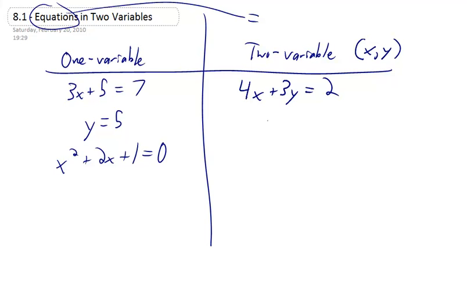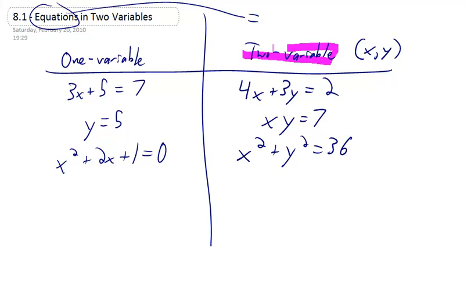They don't necessarily need to be linear. We could have x times y equals 7. We could have the equation of a circle, x squared plus y squared equals 36. You don't need to know what these equations are for, but what you do need to recognize at least is that in the right column, we have two variables. And again, that's where we're going.